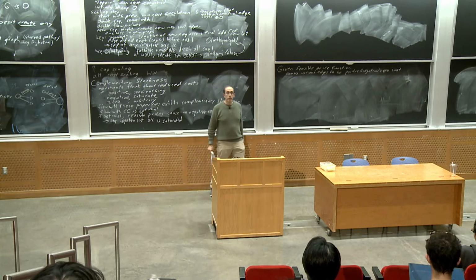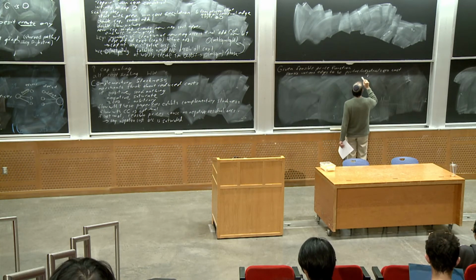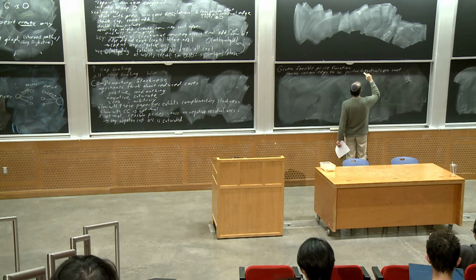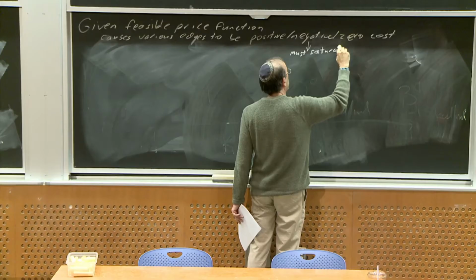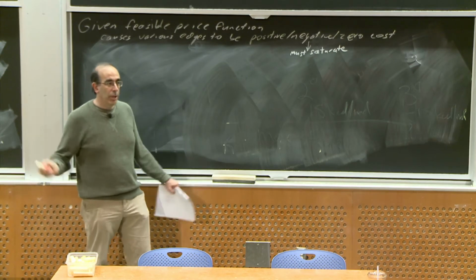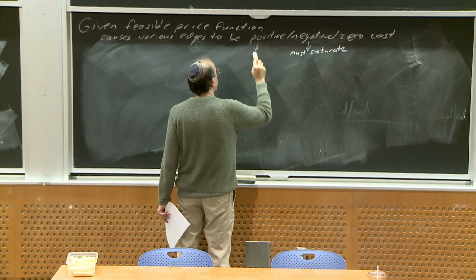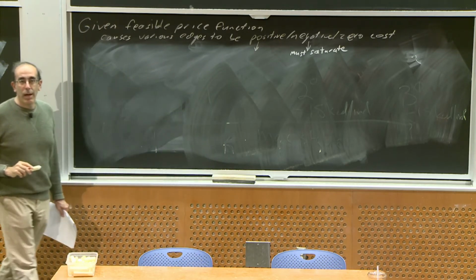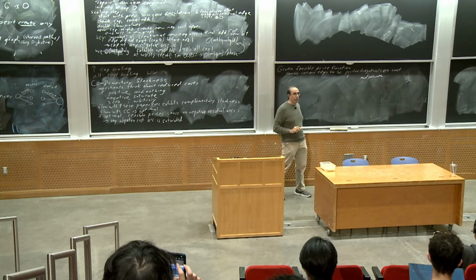If the feasible price function makes an edge have negative cost, then the min-cost flow must saturate that edge, since otherwise it would be in the residual graph and it would have a negative cost. What if the feasible price function makes an edge cost positive? What happens to that edge in the optimum min-cost flow?